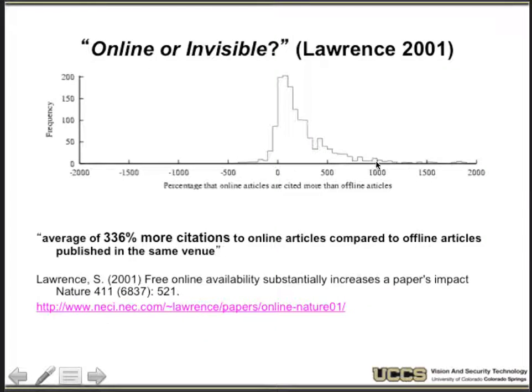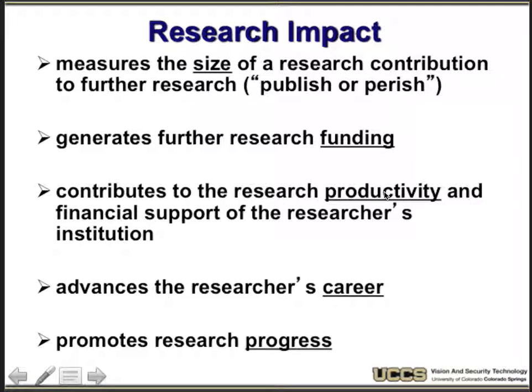You can see some articles were cited thousands of times more as the online open access versions of those papers, compared to other things that appeared in exactly the same venue. So this took out in his study the impact of what the venue is. These were always at the same venue. There were averages over those that were online and those that were not. So the impact is very large.